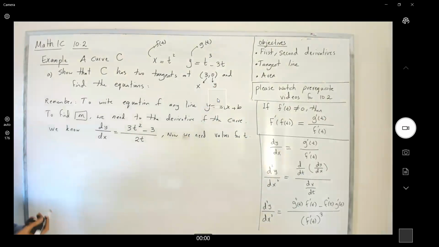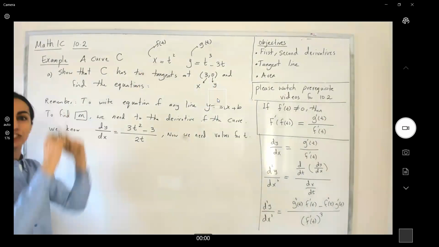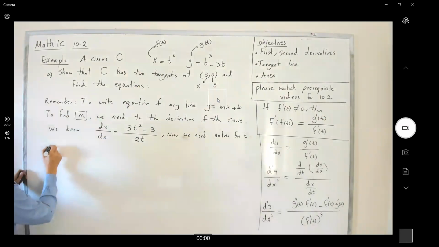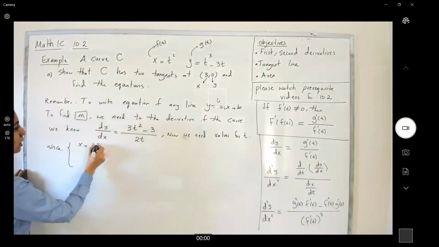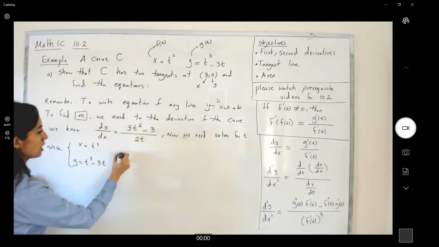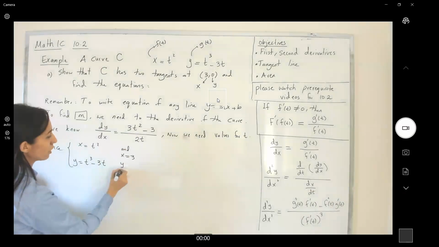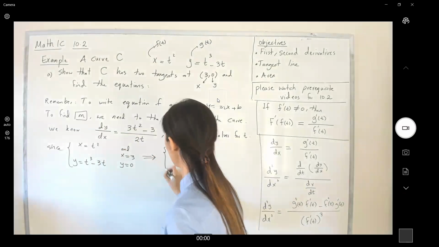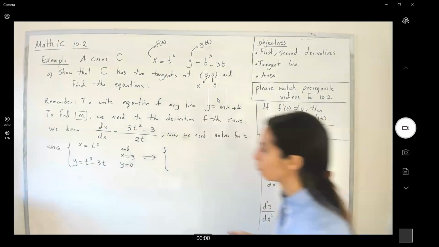So what I'm going to do is plug those into the original equations to find my t values, since x is t squared and y is t cubed minus 3t, and x is equal to 3, y equal to 0. I get these as the equations to solve for t.